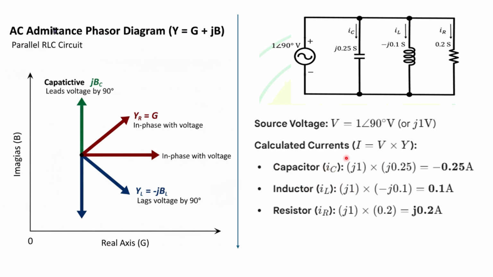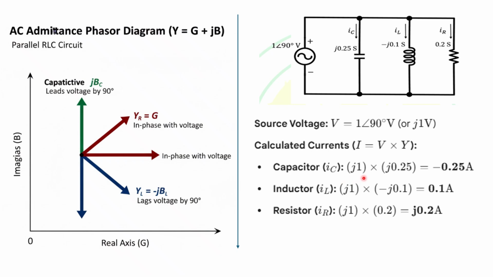The formula we can use is I is equal to V into Y, because V is equal to I into R, and R and Y are inversely related. So current will be V into Y. Here V is j into 1, and Y is given for all the individual components in our question itself. As an example, for the capacitor, Y is given as j 0.25.